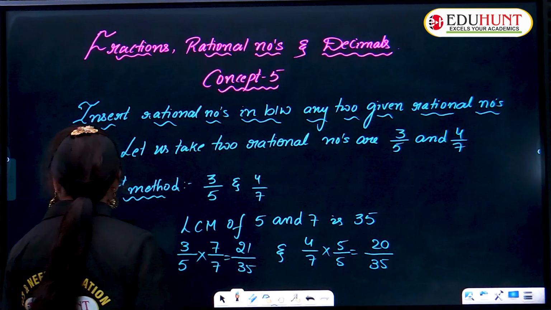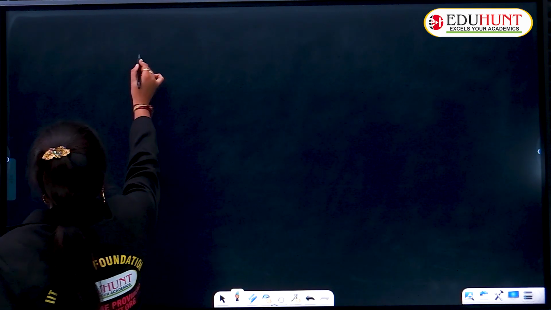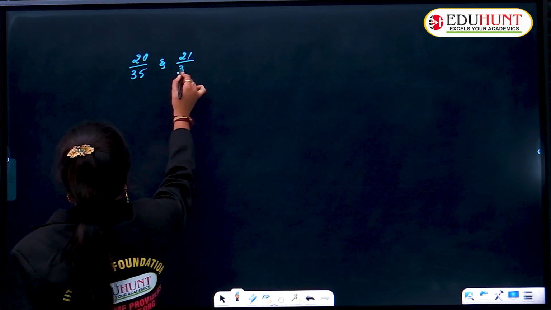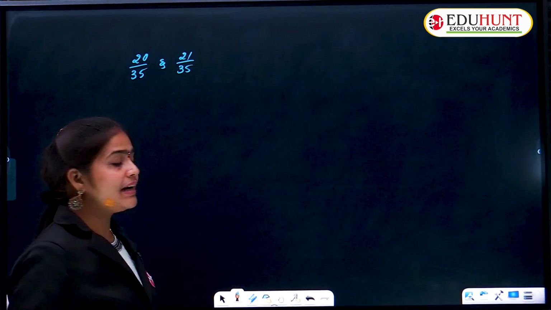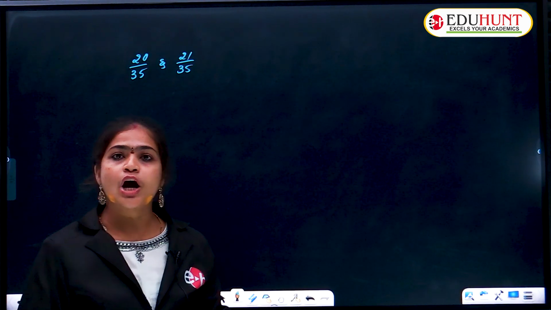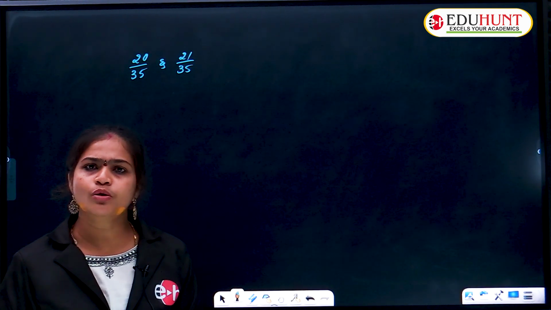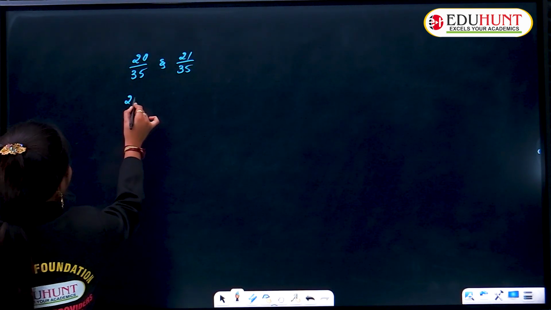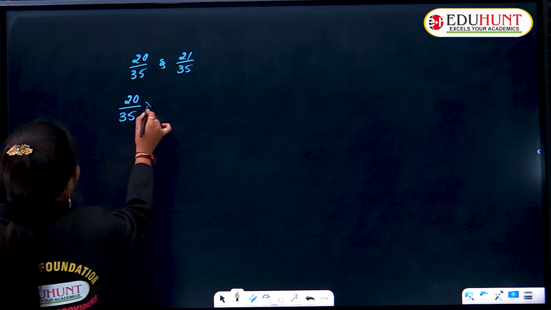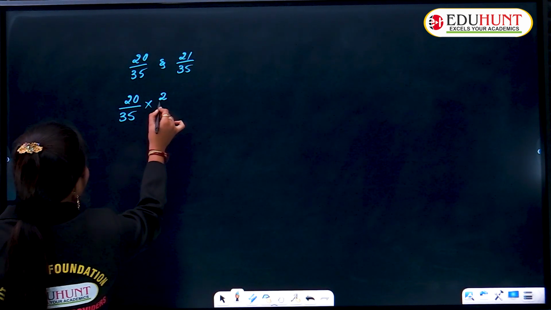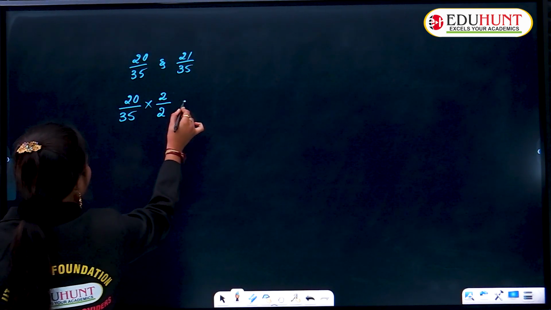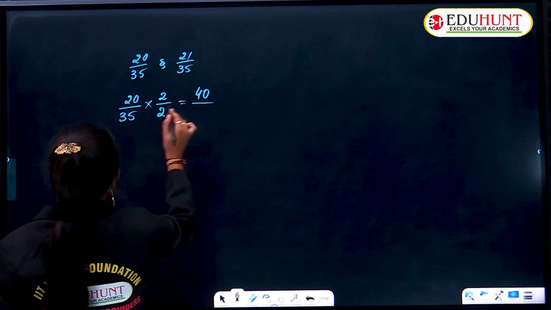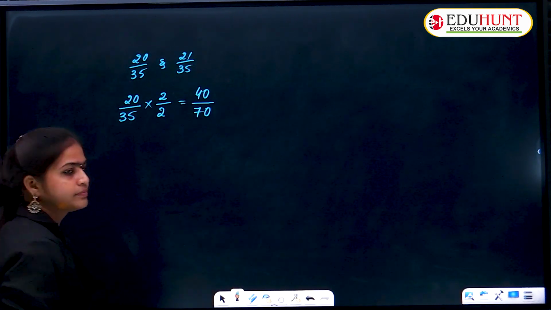Now we have these two numbers, 20 by 35 and 21 by 35. Between 20 and 21 there seem to be no numbers, so I multiply both numerator and denominator of 20 by 35 by 2. 2 twenties are 40, 35 twos are 70.